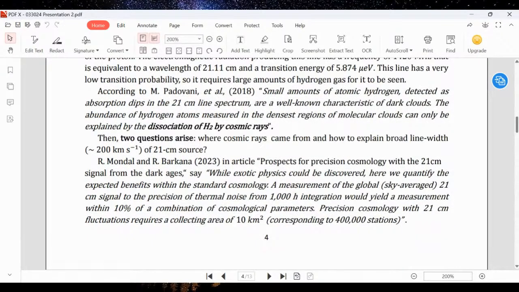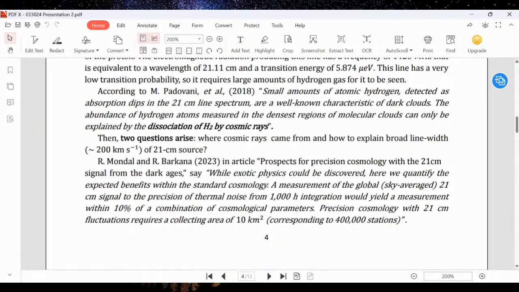Mondal and Barkana, in the article Prospects for Precision Cosmology with the 21 centimeter signal from the dark ages, say: while exotic physics could be discovered, here we quantify the expected benefits within the standard cosmology.